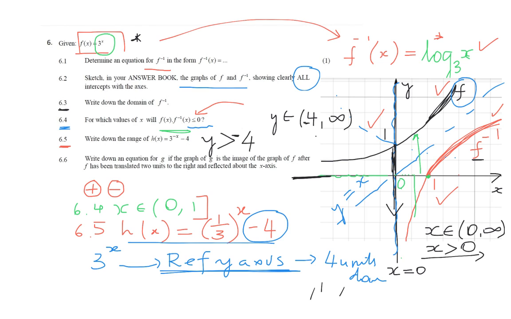Okay, let's look at the last question, which was question 6.6. Question 6.6 was to write the equation of a function g of x, and what we knew about g of x, it was an image of f after I translated f 2 units to the right and then reflected about the x-axis.